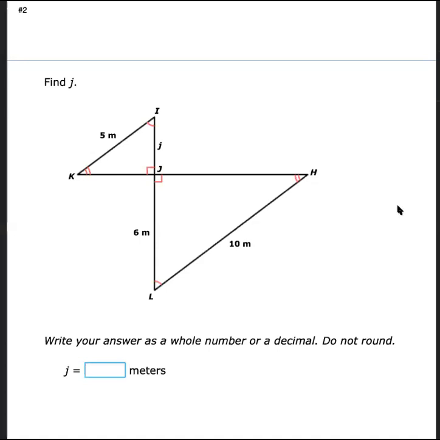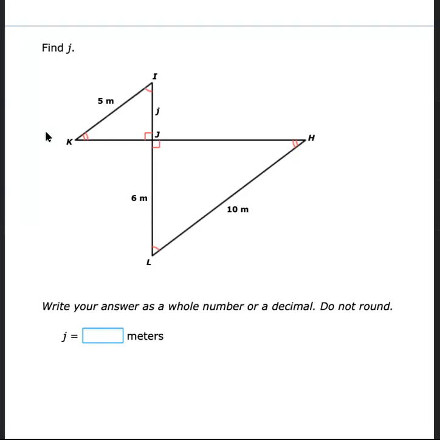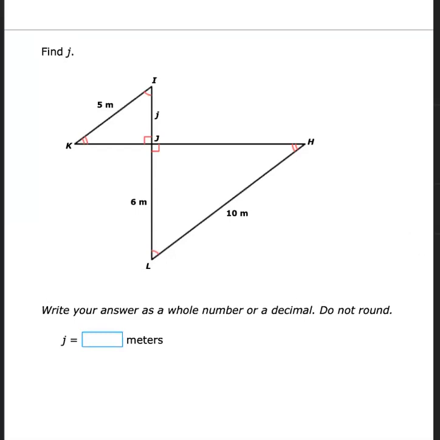All right, this one we're going to find J. So if we want to line this one up here, we'll color coordinate it so you can see. Let me get my pen there. So J right here. It's going to line up with this angle right there, that line, excuse me.